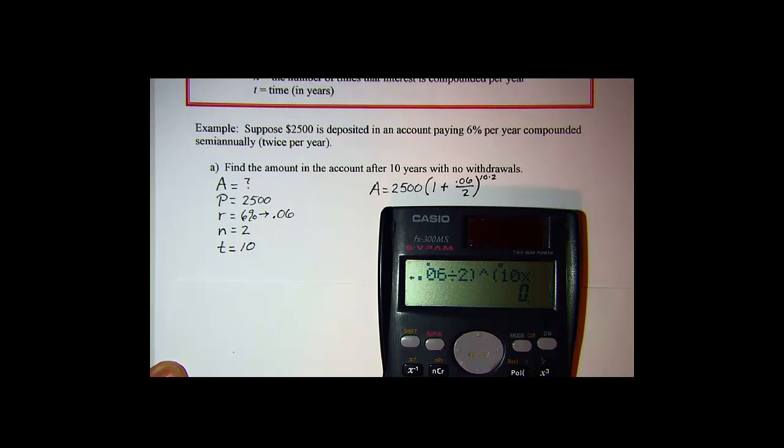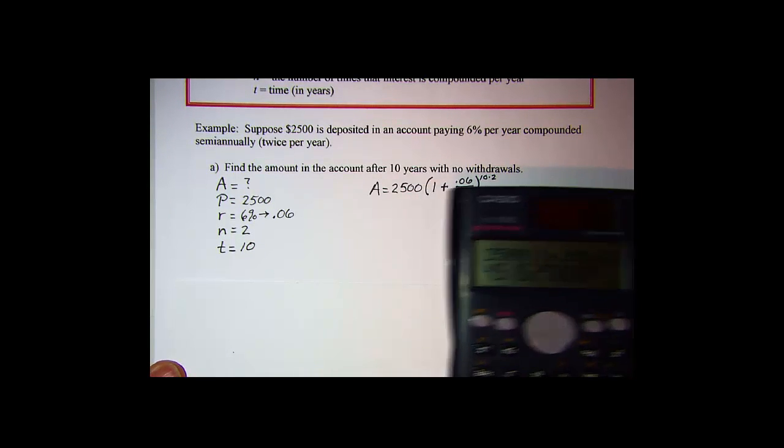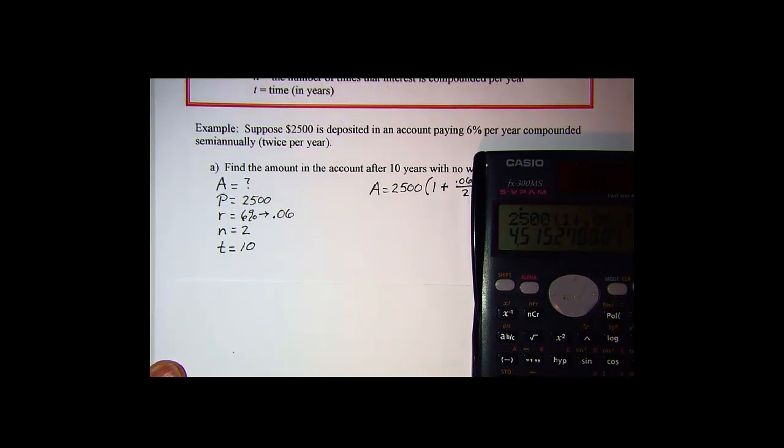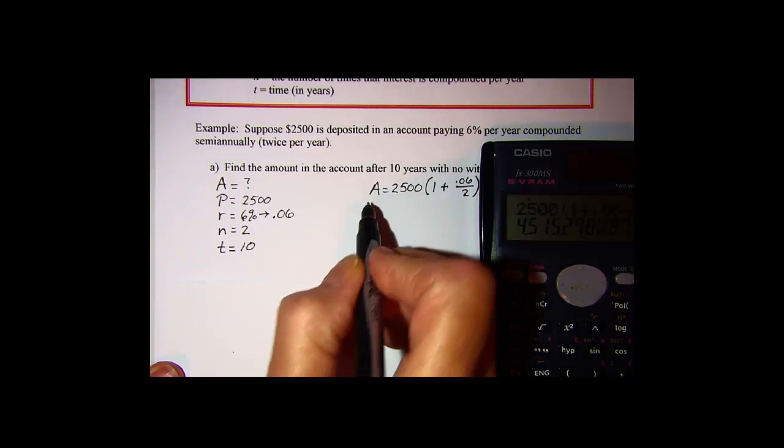So 10 times 2. Close the parentheses for the exponent and then hit equal. So it looks like our amount is $4,515.